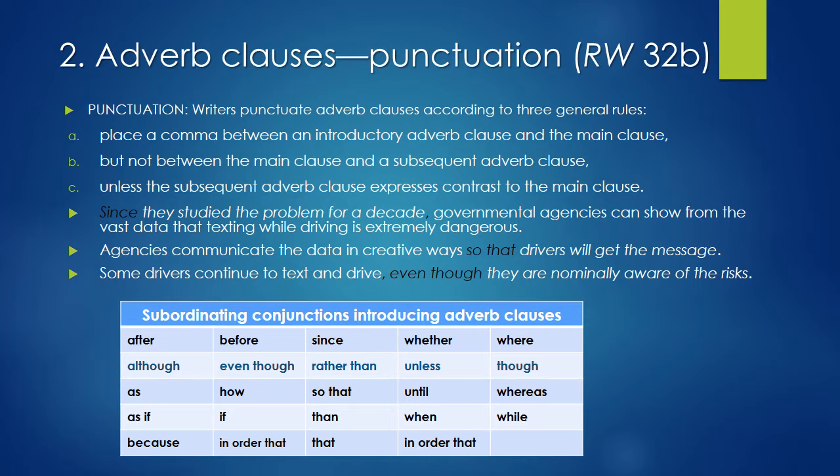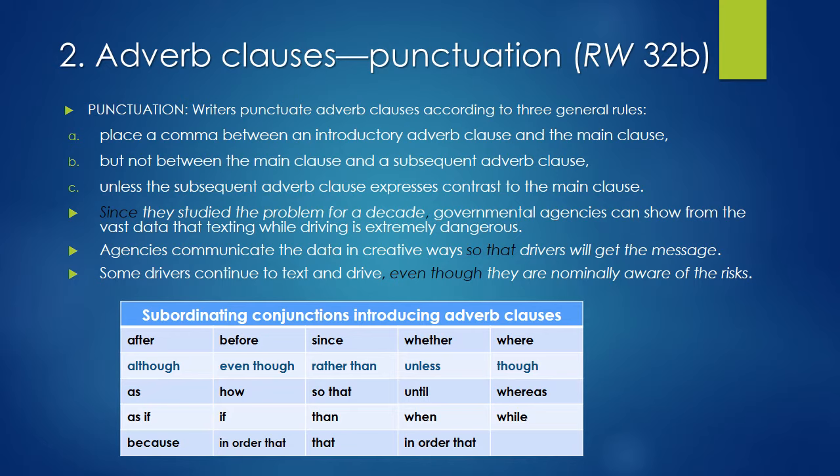Examples: since they studied the problem for a decade, comma, government agencies can show from the vast data that texting while driving is extremely dangerous. Next, agencies communicate the data in creative ways so that, and so that begins my adverb clause, drivers will get the message.